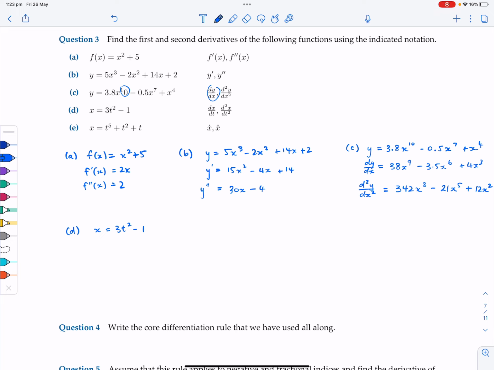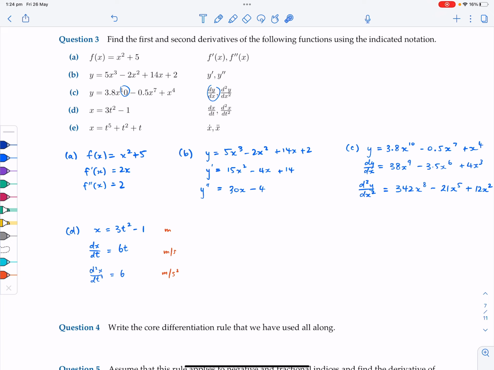So to communicate the first derivative, which would be velocity, dx dt equals 6t. And the second derivative, which is acceleration, is 6. All right, so this could be in meters, and that's in meters per second, and that's in meters per second squared, acceleration, right?